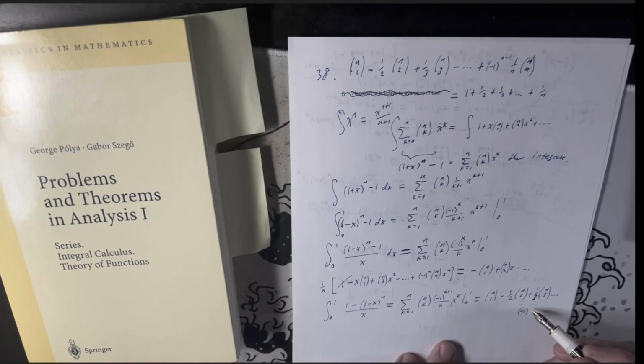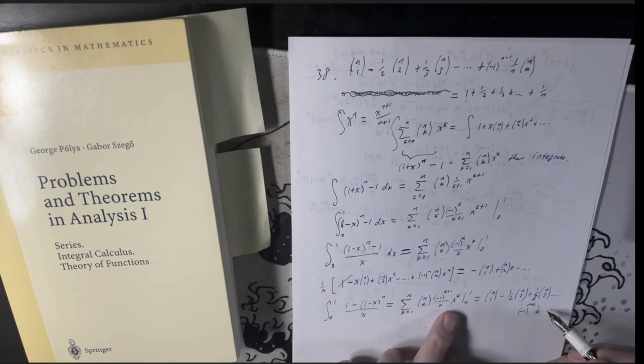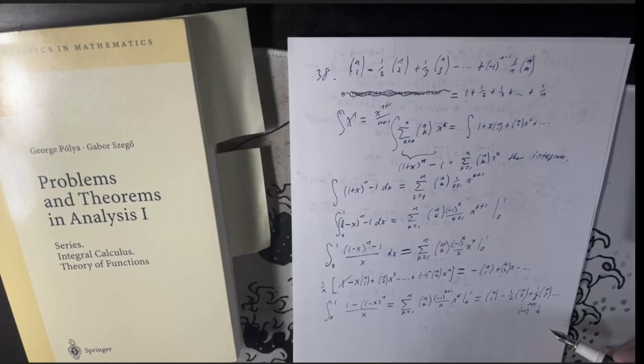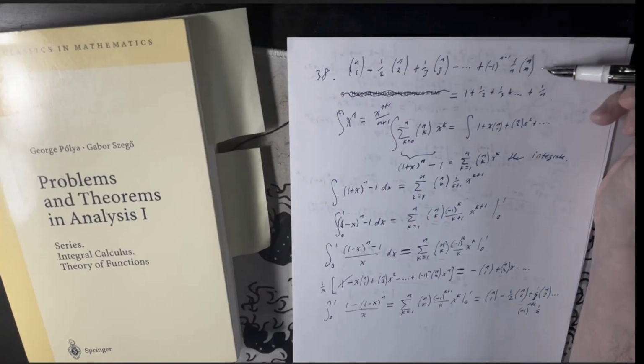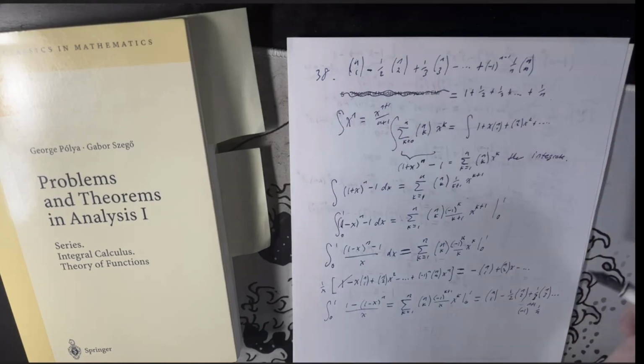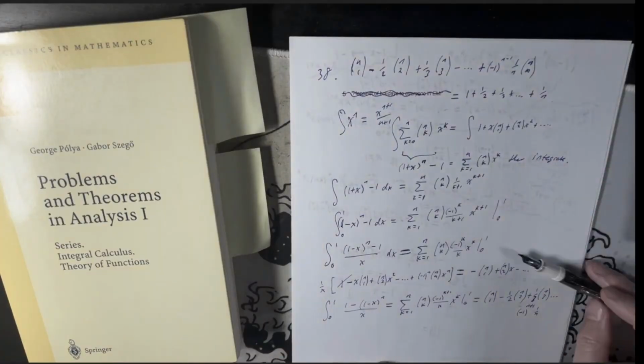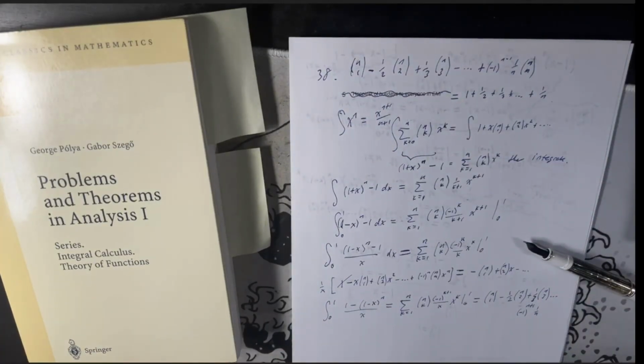Apparently stopping at negative 1 to the n plus 1 over n times n choose n. That's it. Cool. So that's our left-hand side finally. I'm supposed to show that this equals a partial sum of a harmonic series. That's going to be some magic.